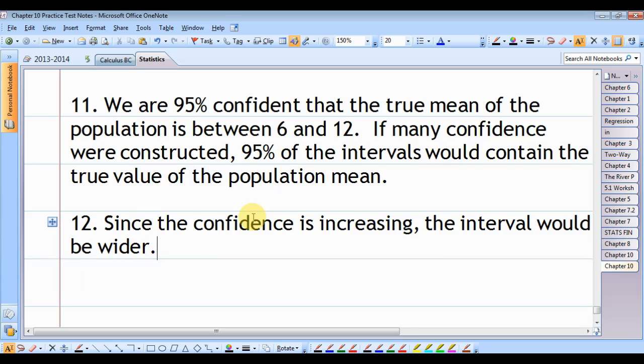So if you want to be more confident, your interval has to be bigger. Yes, exactly. It's like saying you can give me a range for how many jelly beans are in that jar. If you want to have less risk, if you want to be more confident, would you make more guesses or less guesses? More guesses means bigger interval.